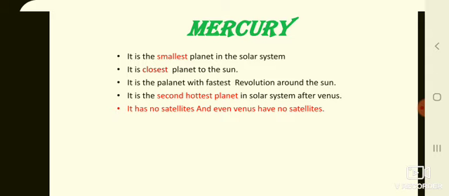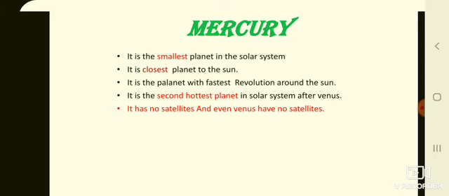What is revolution? When the planets move around the Sun on their respective orbits, that particular motion is called revolution.